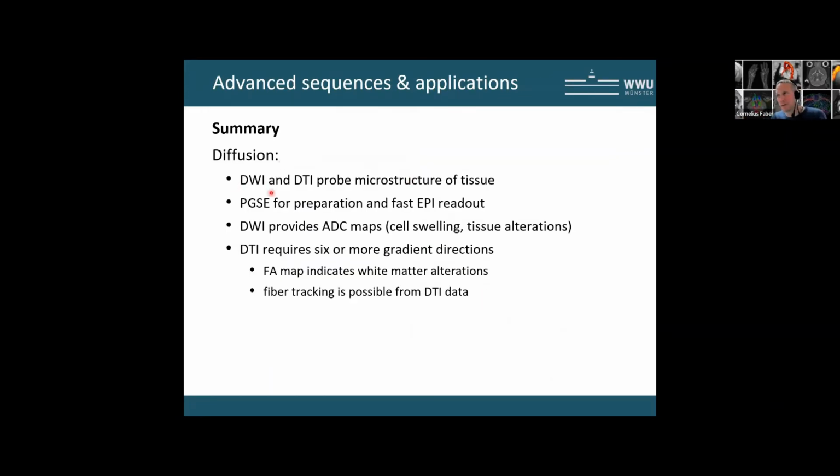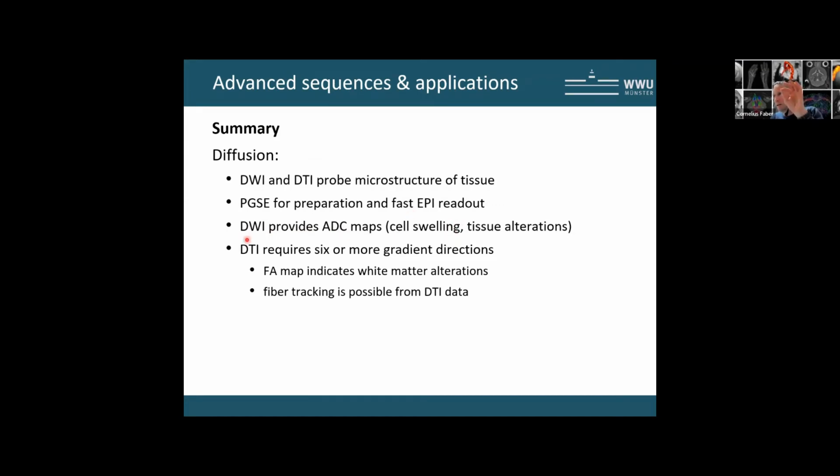Okay, to sum up the diffusion part. Diffusion weighted imaging and diffusion tensor imaging probe microstructure of tissue. We use the PGSE, pulsed gradient spin echo, for preparation and combine it usually with a fast EPI, echoplanar imaging readout. So the diffusion weighted imaging can provide you with an ADC map, which tells you about tissue alterations like cell swelling.